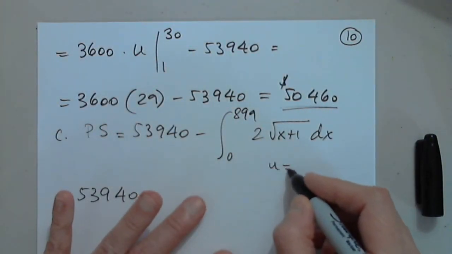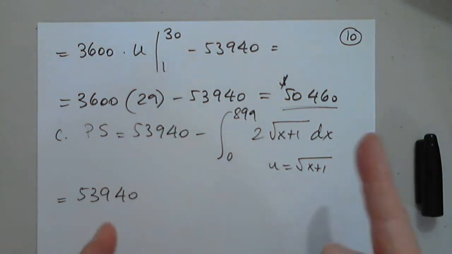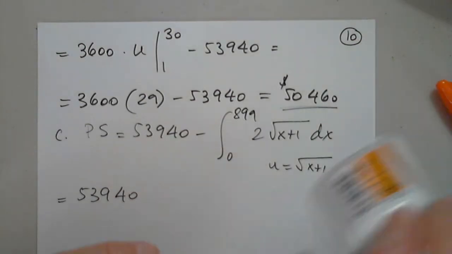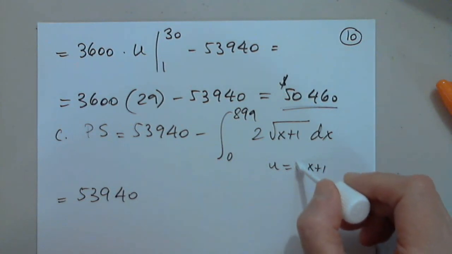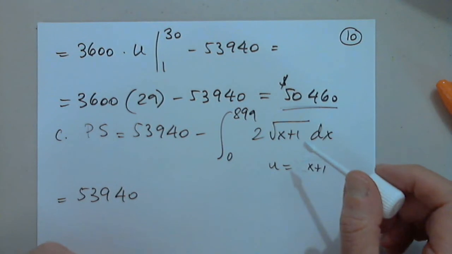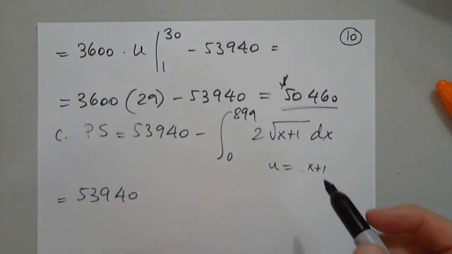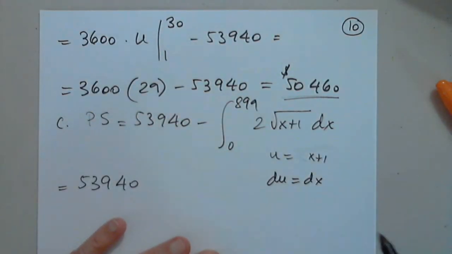Okay, so 53940. Here I have the same thing. I will use u equals x plus 1, because in this case I cannot use the square root, since it's not in the denominator. Yeah, it will be pretty much the same thing, but it's easier. So du equals dx.